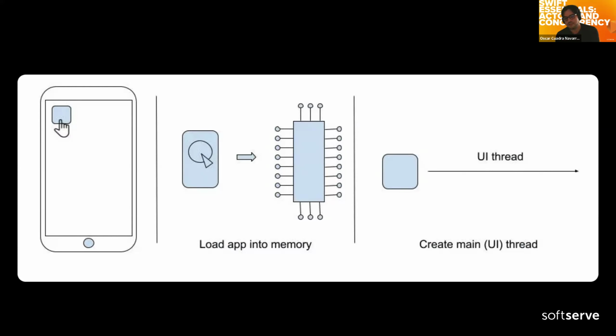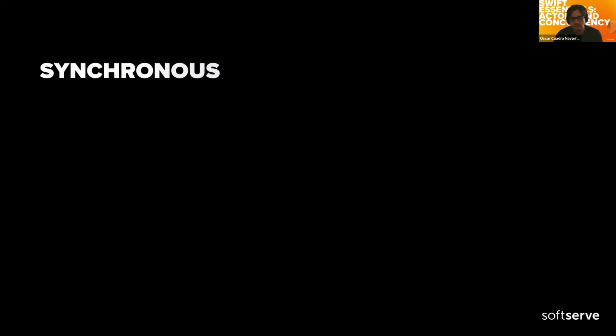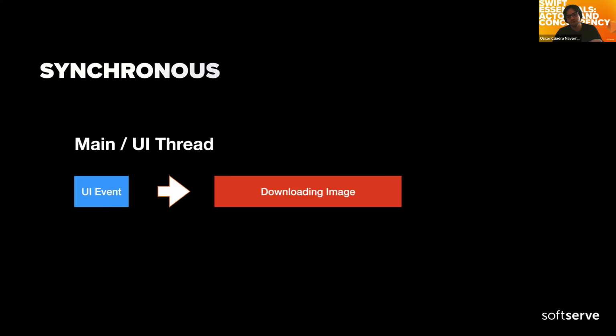The main thread is the principal one that the user can interact with in our app, so it's also called the UI thread. And asynchronous is when you trigger this event and it will execute another event, for example, download an image. And when this finishes, it will resume our UI.